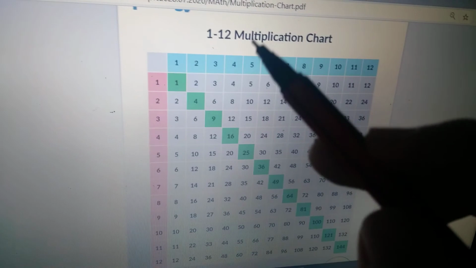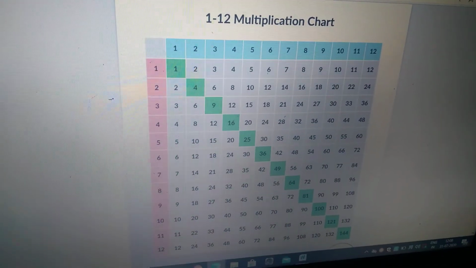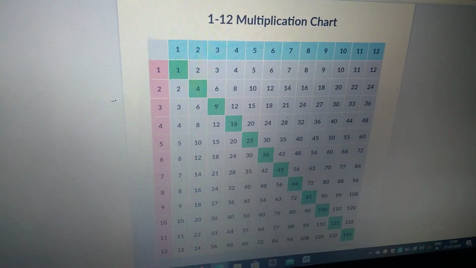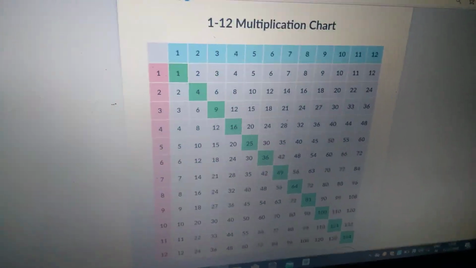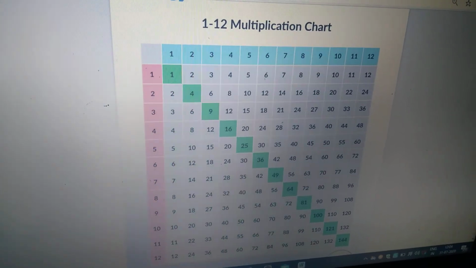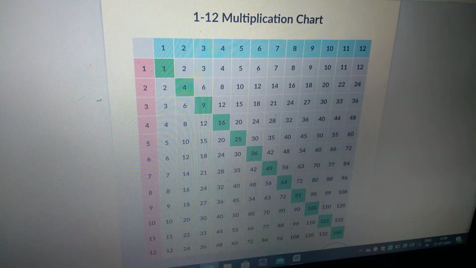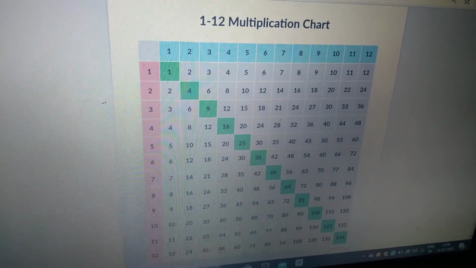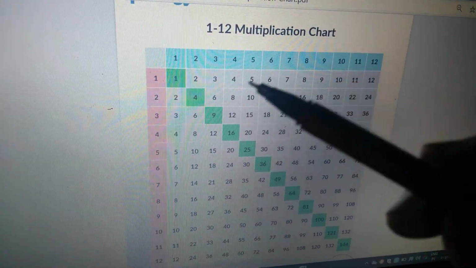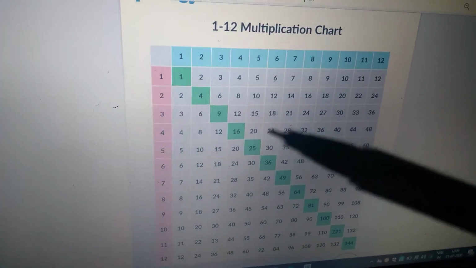That's because 5 and 6 are consecutive numbers, which means they come one after another in the number sequence. So any numbers that appear one after another in the number sequence are going to have this pattern. You just have to add that number and you will find the answer. But what if I remember the 5 times table and I can't remember the 7 times table when I'm solving a problem?